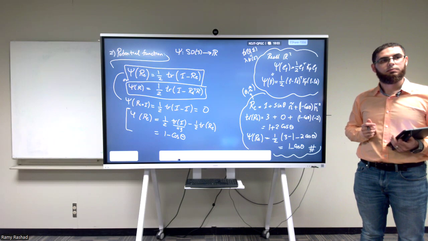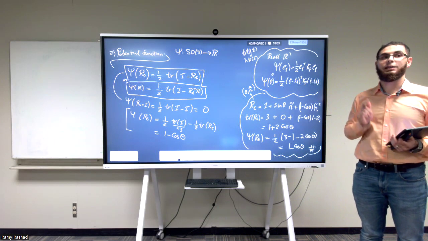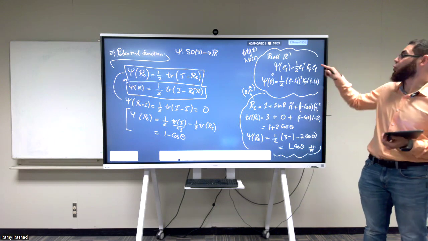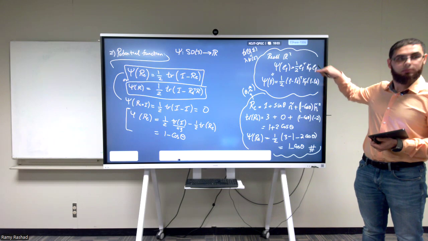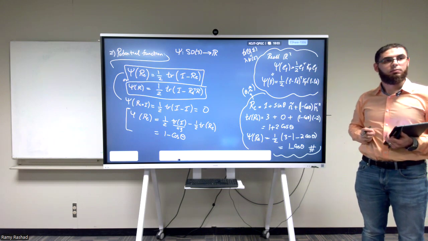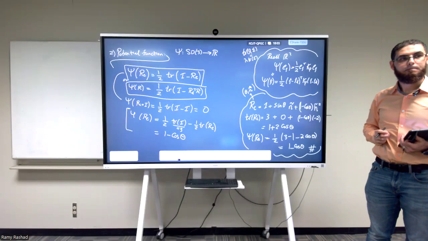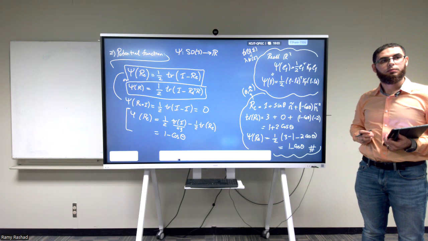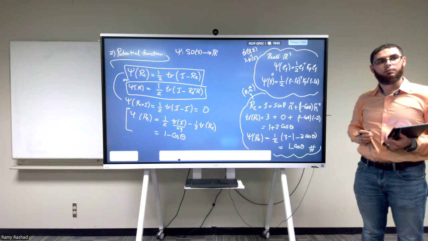Coming back to our error, it's a potential function of the error, just like a quadratic function of the error. When we were initially discussing the situation of R being in SO3 and the structure of the manifold itself, you mentioned that we could take the difference of the identity and this element of SO3.